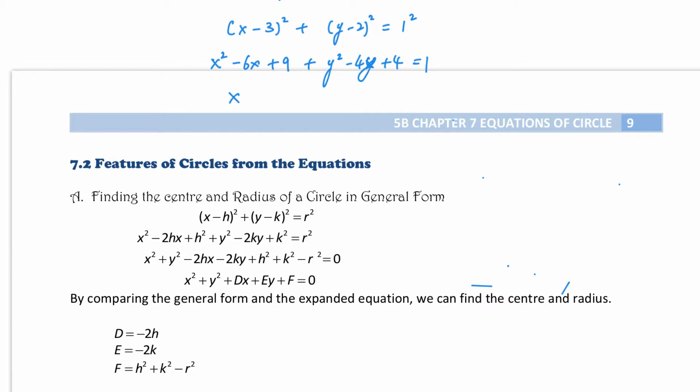So the answer is x squared plus y squared minus 6x minus 4y, and move all the constant terms to the left hand side and simplify, which is plus 9 plus 4 minus 1 is equal to 0.